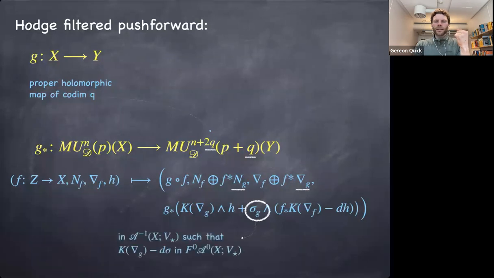But there's some interesting information that we should keep track of. There are some things that we need to choose in order to make this work. So there's the normal bundle, the connection, and then some form sigma G, which lives in A^{-1} of X, such that K(nabla G) minus d sigma lives in F^0 of A^0 X. And remember, this seems like an empty requirement, but remember that we have here graded coefficients.